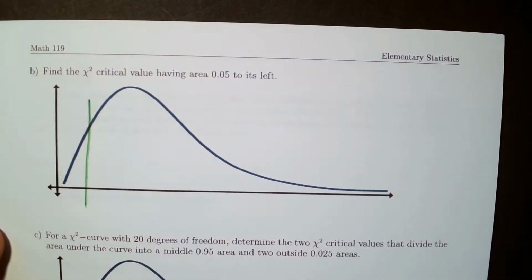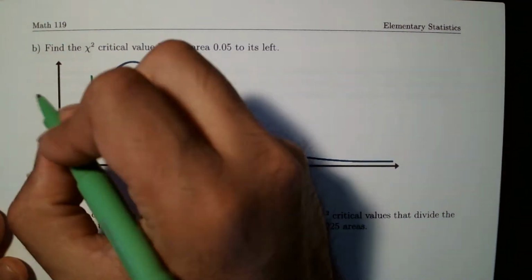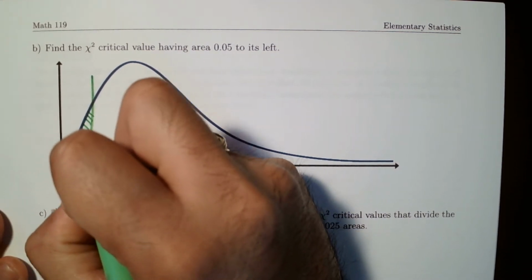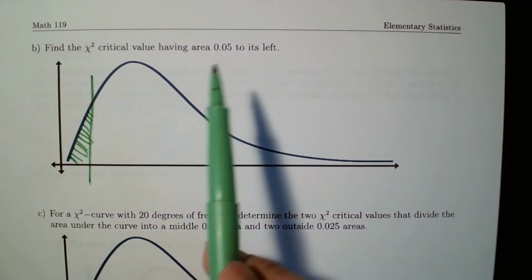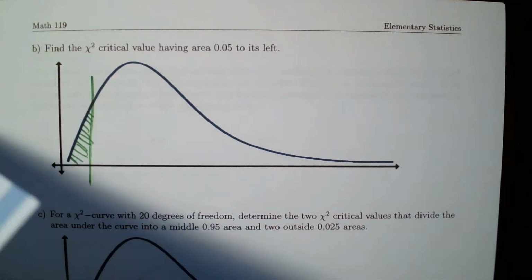This is our bound, and I'm going to shade over here. Now, be careful when using the table to interpret this 0.05 to the left.